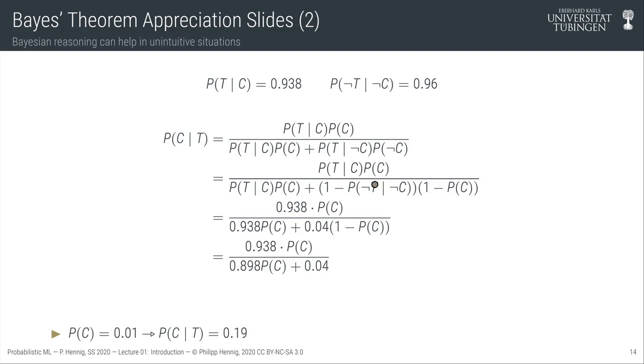It's essentially 4%, but it gets multiplied by 1 minus an even smaller number. So the two explanations for this positive result consist of a large number multiplied by a small number plus a small number multiplied by an even larger number. And the two just about, well, actually more than cancel each other out, and we end up with this low probability.